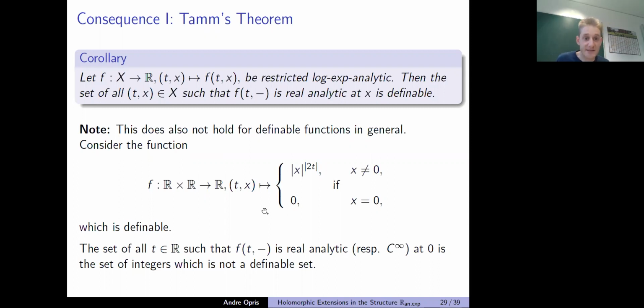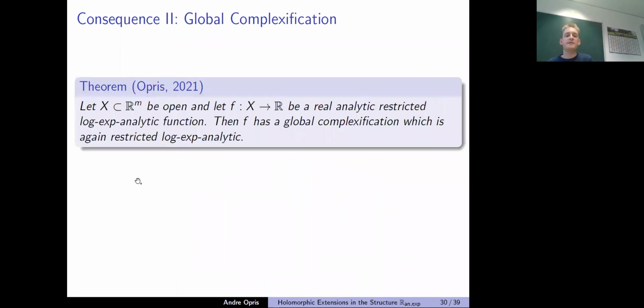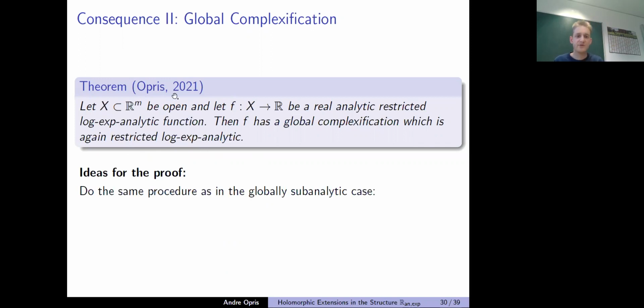Okay, and the second consequence is the result on global complexification. So we have a real analytic restricted log-exp analytic function, and then f has a global complexification, which is again restricted log-exp analytic. For the idea of the proof, we do the same procedure as in the globally subanalytic case.